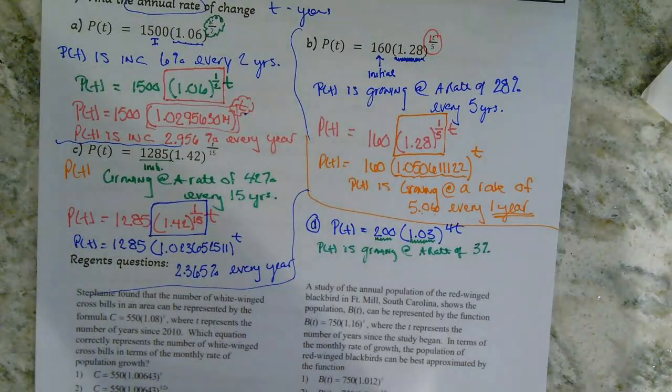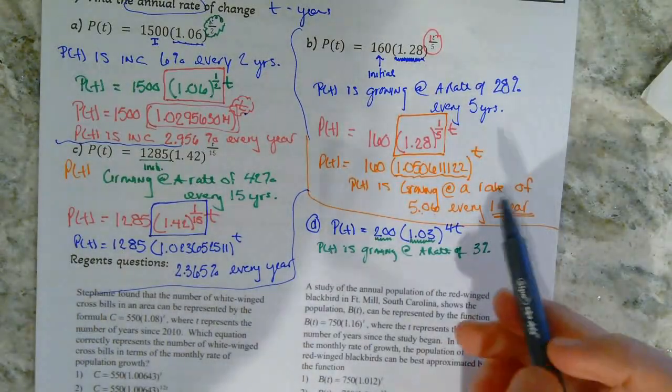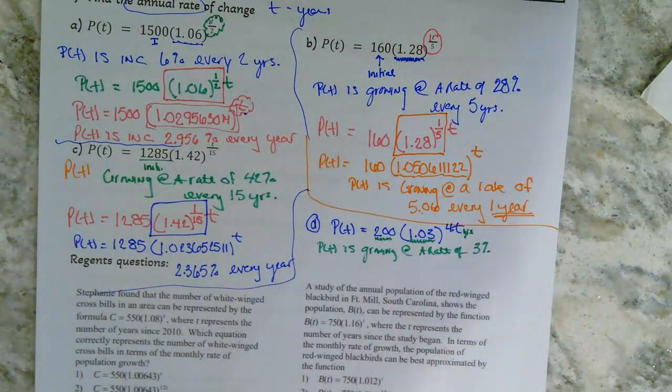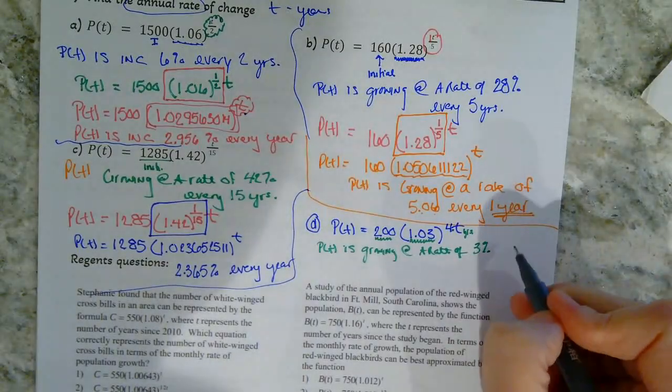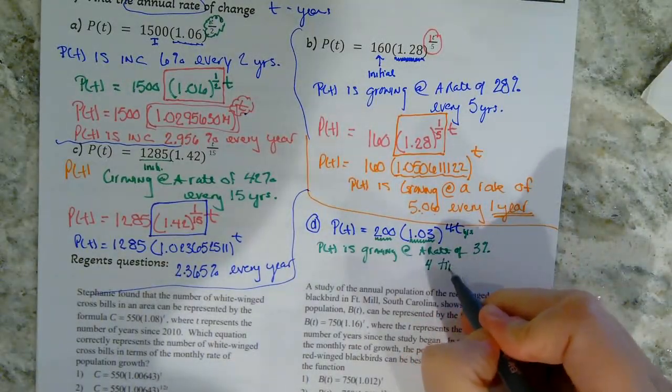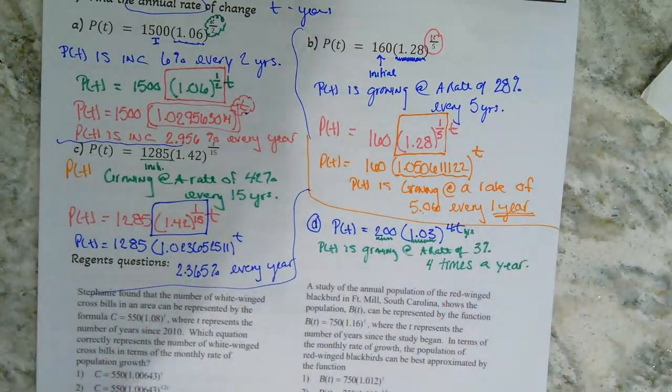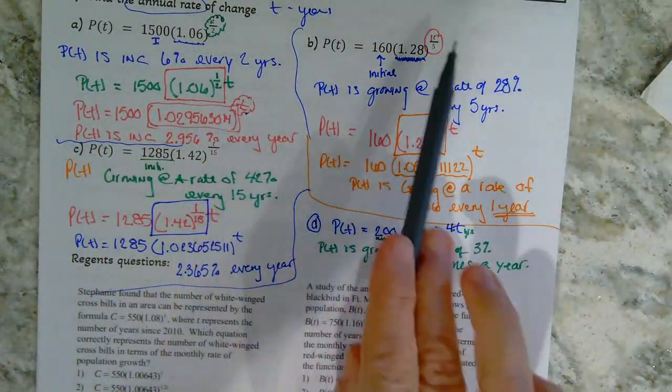Now, how often is it growing? What does this say? Okay, if I said 4 times t, and t is measured in years, I would read that as 4 times a year. Not every 4 years, like these other fractions represented, right?